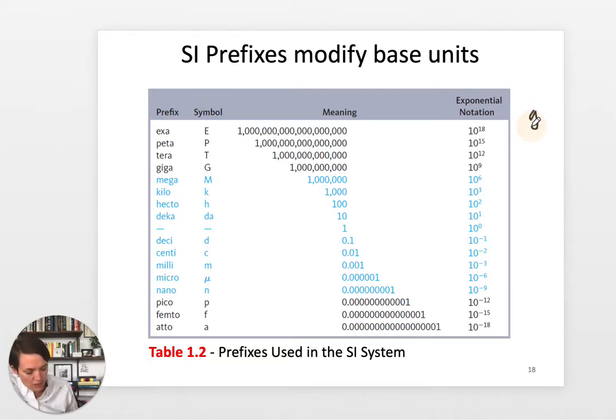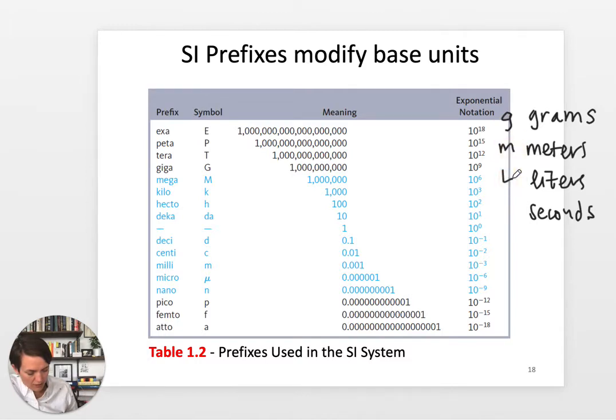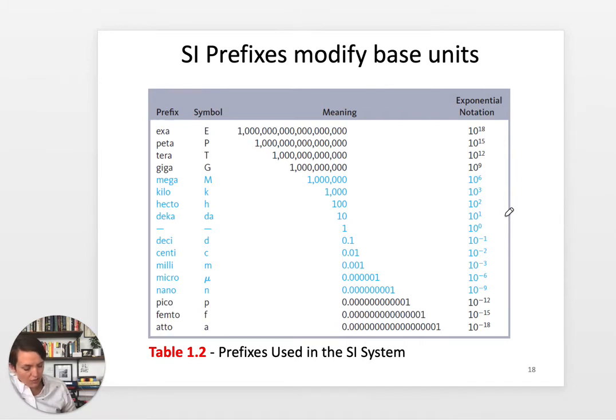So base units are going to be grams, meters, liter, and seconds, right, just abbreviated as g, m, L, and s. So all this chart is doing is modifying that to put it to a different scale. Everything from here down is going to be representing very, very small values, right? We could also represent that with scientific notation.